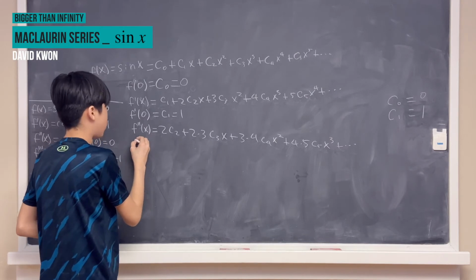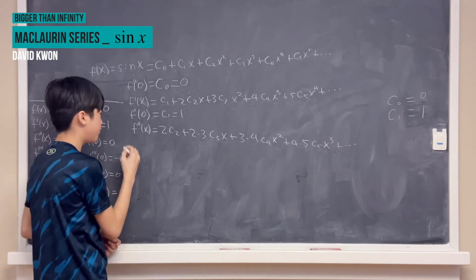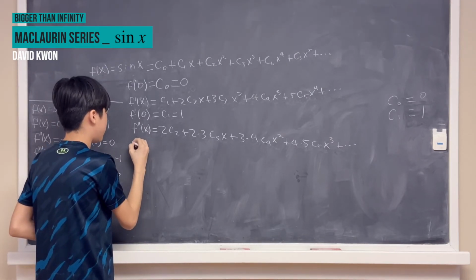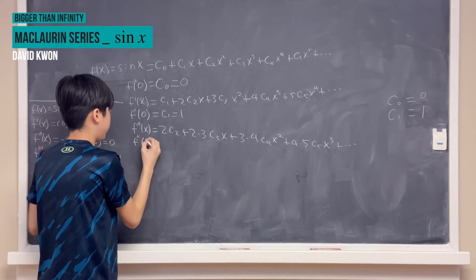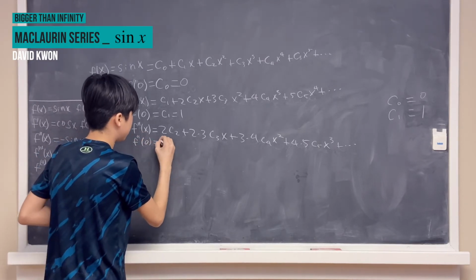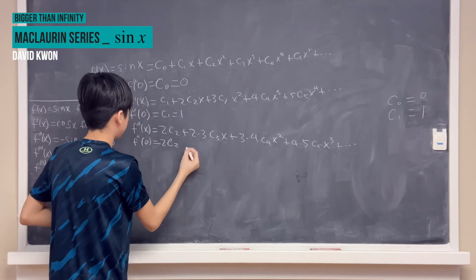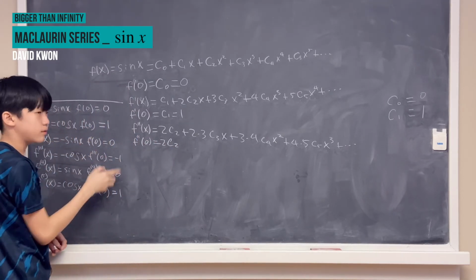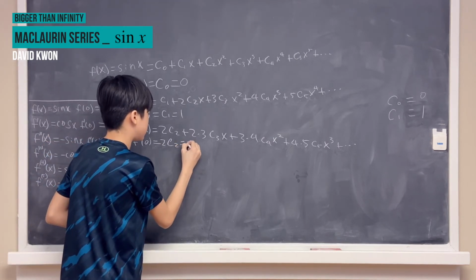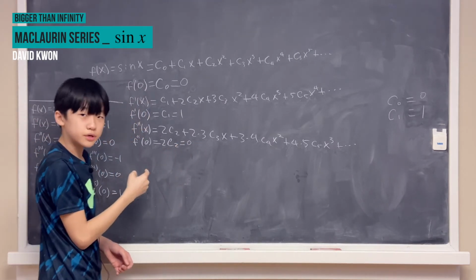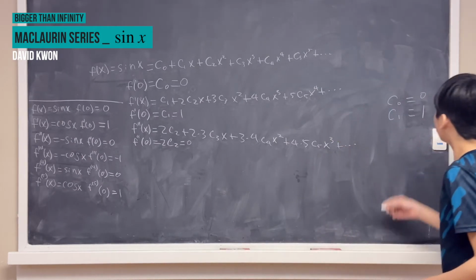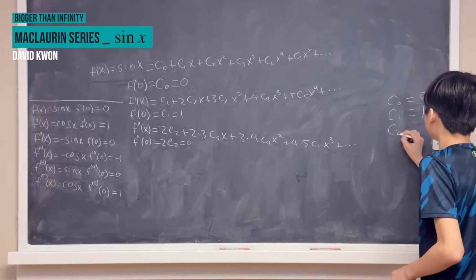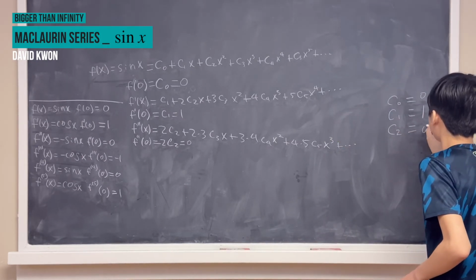Now once we set x equal to 0, we have f double prime 0, which is equal to 2 times c sub 2. And from right here, f double prime 0 is equal to 0. So 2 times c sub 2 is equal to 0, so c sub 2 is equal to 0.